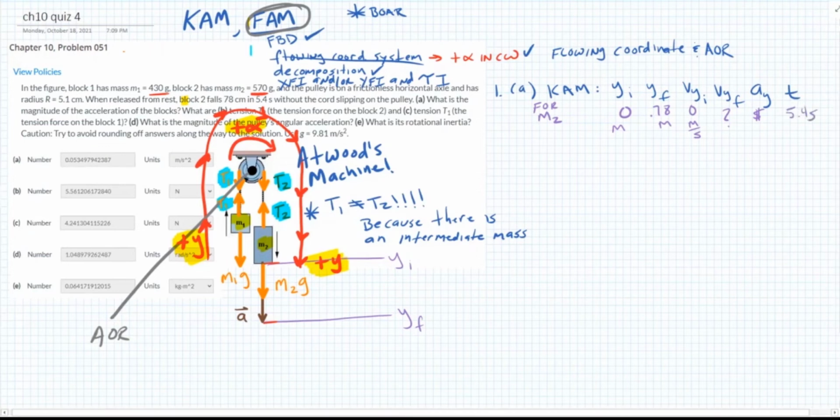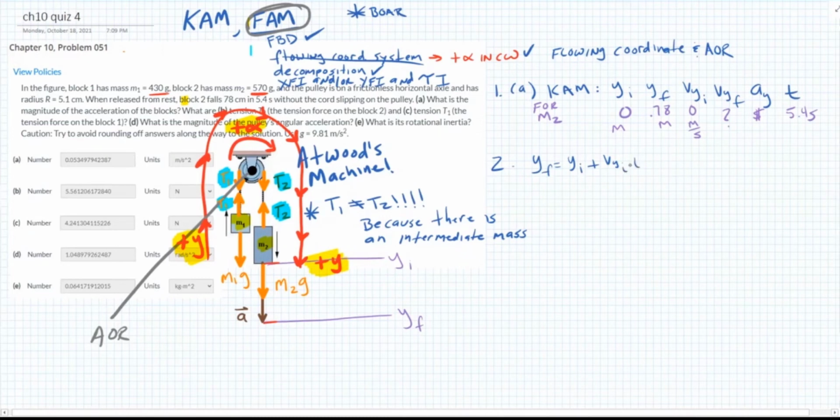So this looks to be a very rudimentary kinematics problem. What's a good equation? Vy final, no, I don't want to do that. Let me try this: Y final equals Y initial plus Vy final T minus 1/2 A sub Y. Yeah, I don't want to do that.